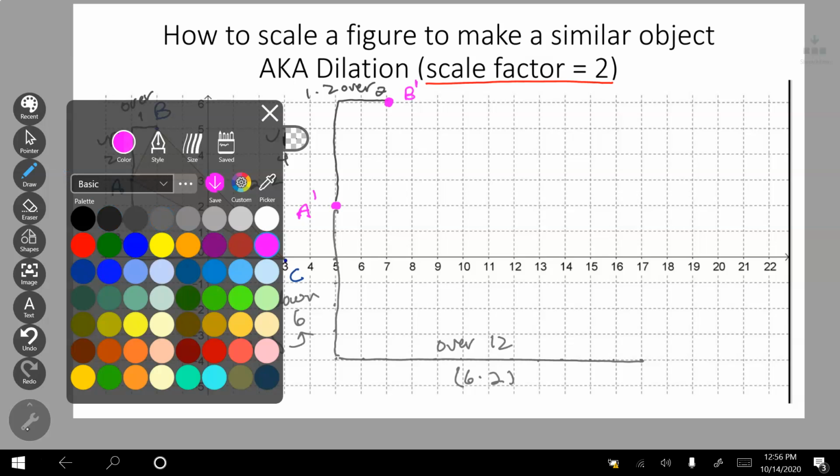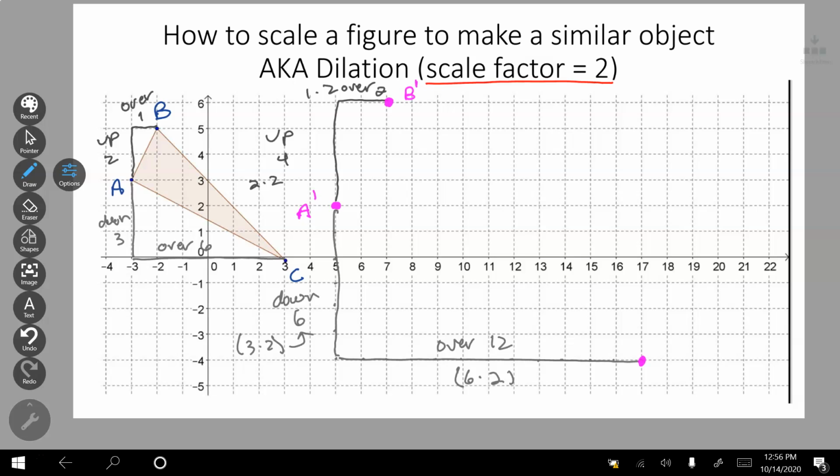And this new point is my C prime. And now I'm going to draw the size of my triangle the best I can.